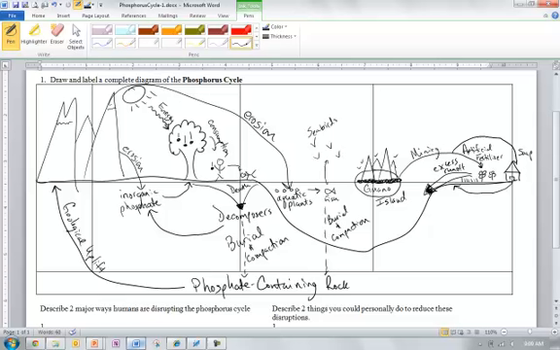The reason why it comes from your home is when you wash your clothes or you use dishwashing detergent, it has phosphate in it. And eventually that phosphate will get into the sewer system. And even if the wastewater treatment plant treats your water from your dishwasher or your washing machine, they don't have a way to take phosphate out. So even when it goes back into the lake or the ocean, it still has the phosphate from your soap or detergent. All of that excess will create a lot of algae, which we call an algae bloom.